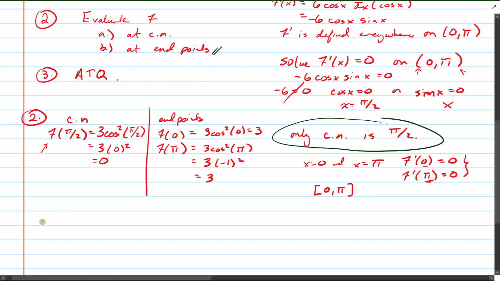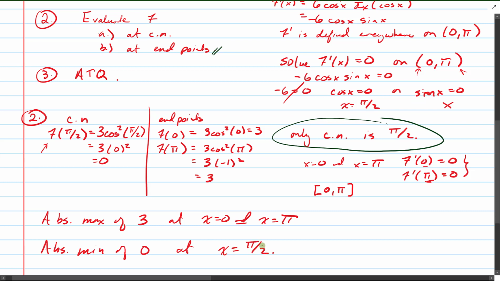And so we see that this function has an absolute max of 3 at x equals 0 and x equals pi. It has an absolute min of y equals 0, and that occurs at the x value of pi over 2.